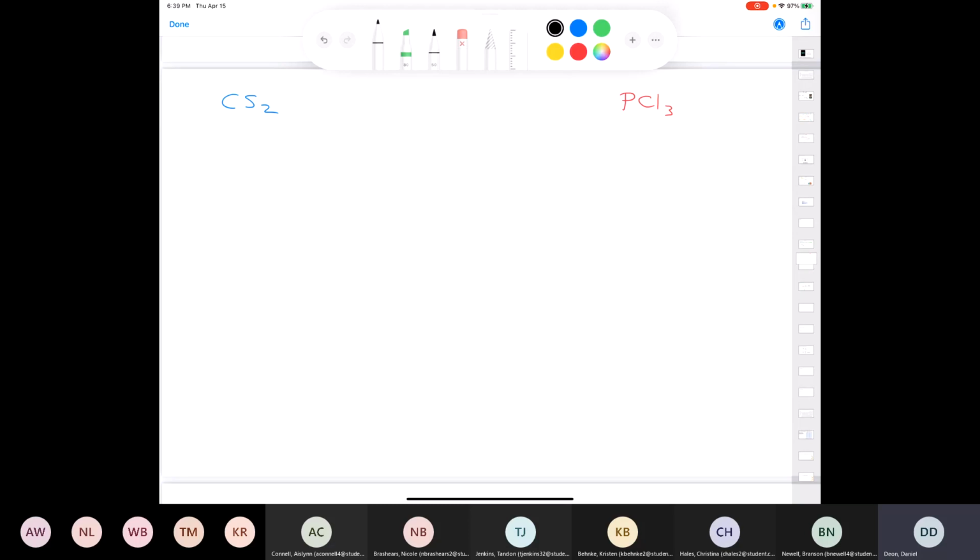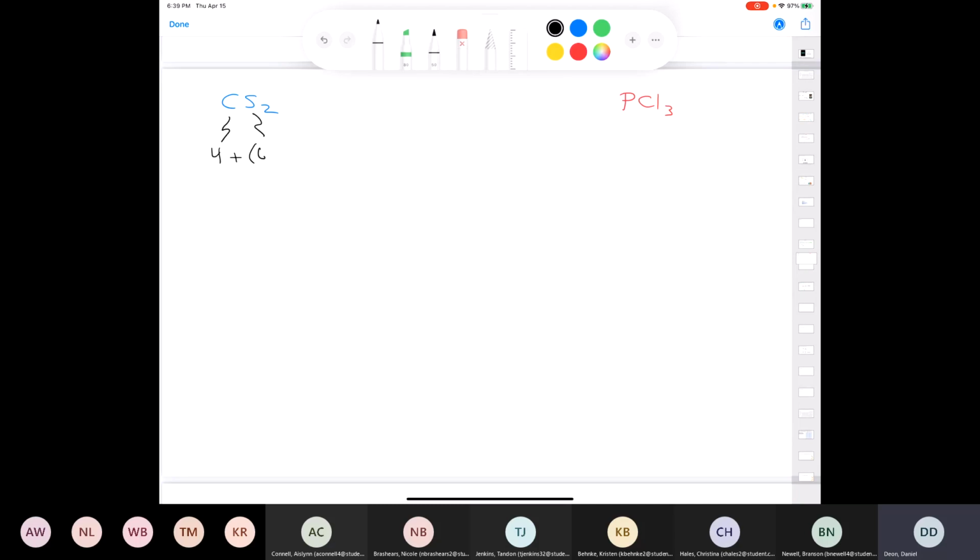Okay, let me back it up. How many valence electrons does carbon have? Good. Okay, you're all 100% correct. Nothing wrong there. How many valence electrons does one sulfur atom have? Sulfur is right below oxygen in the periodic table.